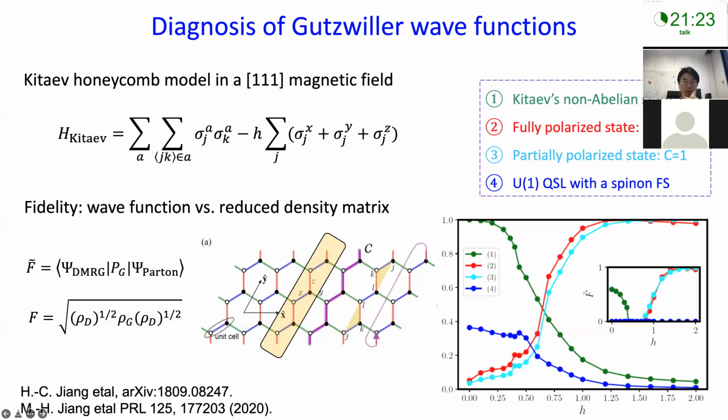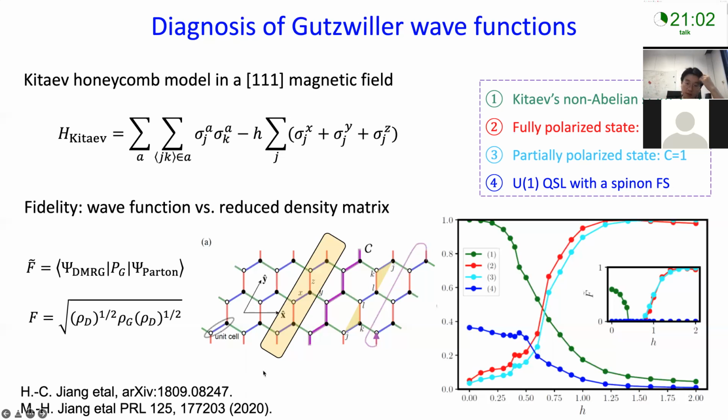And when H is very large, the state is a trivial polarized state. But for middle H, we don't know what the ground state is, but there are some wave function proposals, like a gapless U(1) spin liquid with a spinon Fermi surface in former studies.